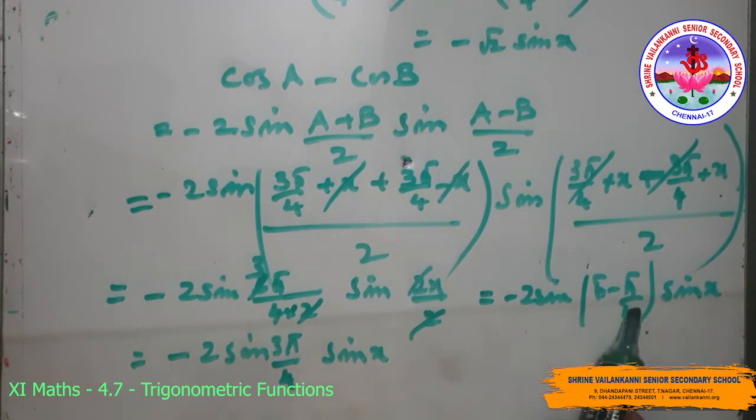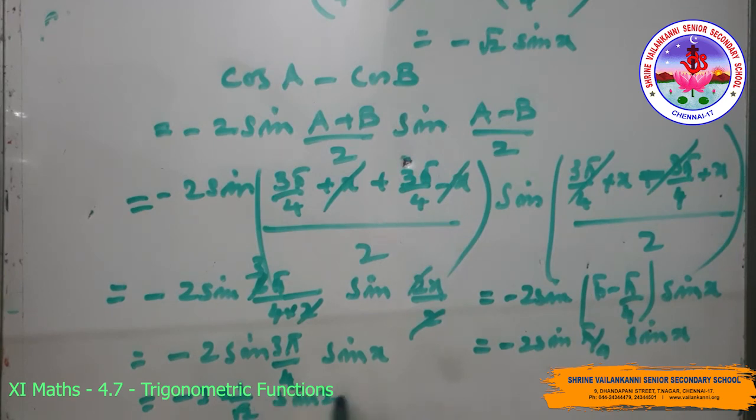So pi minus pi by 4 lies in the second quadrant. Here sin and cosec are positive. So we get minus 2 sin pi by 4 into sin x. So sin pi by 4 is 1 by root 2. So we get minus 2 into 1 by root 2 sin x.